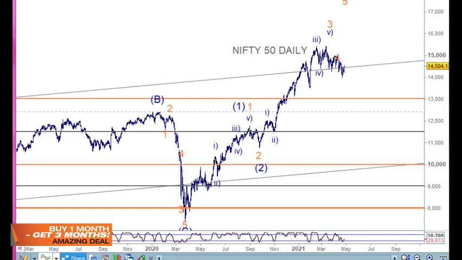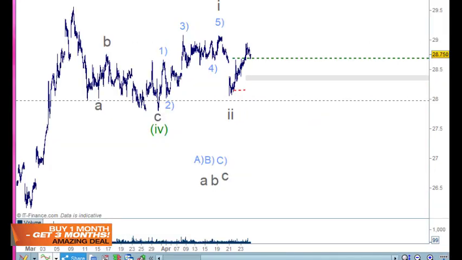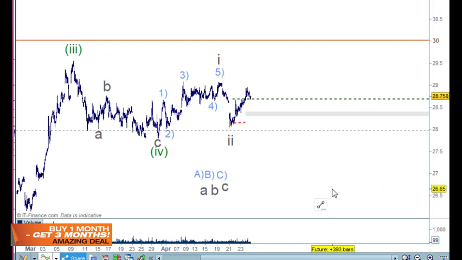Let's just have a look at ANZ while we're here as well. So yeah, I think there's more upside here for this, up into the 30 here, which will take CBA high. And the reason for that is because this move here is in 3 waves.